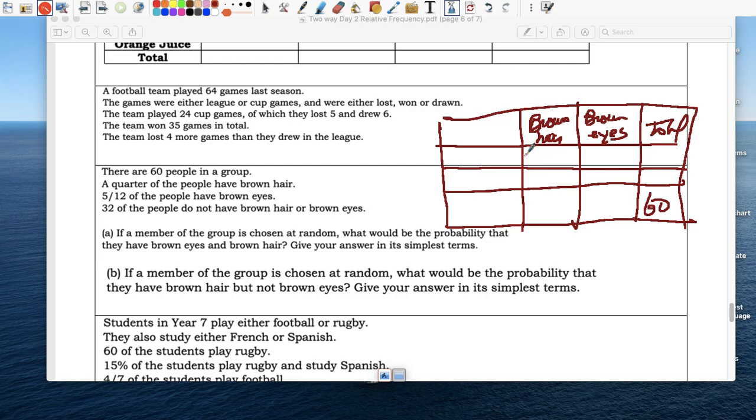A quarter of the people have brown hair. So a quarter of 15, 25% of 15, sorry, 25% of 60 is 15, and we can put that, a quarter of the people have brown hair right here. 5/12 of the people have brown eyes, so 5 over 12 times 60 is 25, so there. 32 of the people, okay.